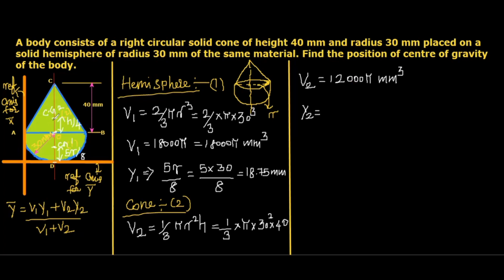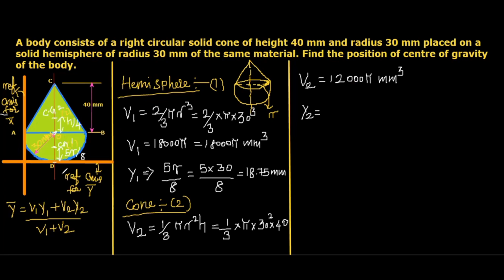From the point C, that will be 3 by 4th h. From the base point O, that will be 1 by 4th h. These things we elaborately discussed in the video, an overview of center of gravity. That video link is given in the description box. For reference, you can see that video also. And then, so Y2. Here, guys, from this point O, that is h by 4, CG2.